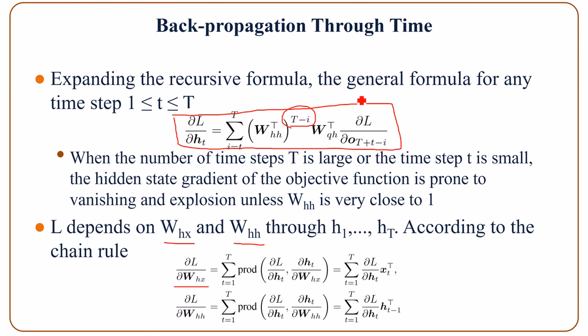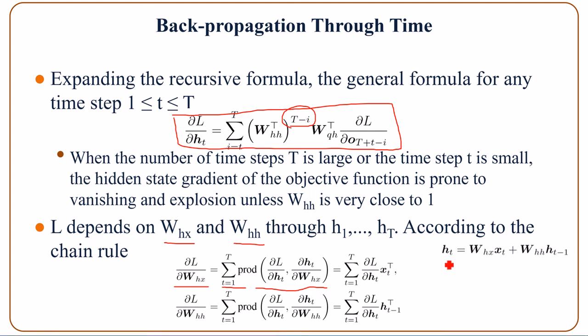So apply the chain rule, and we have the sum for all the time steps from 1 to uppercase T of the product of the derivatives.